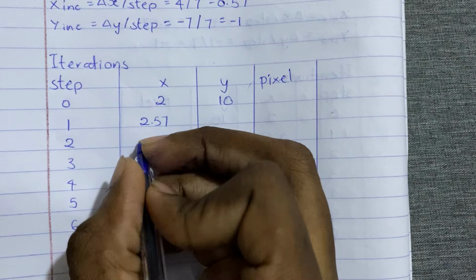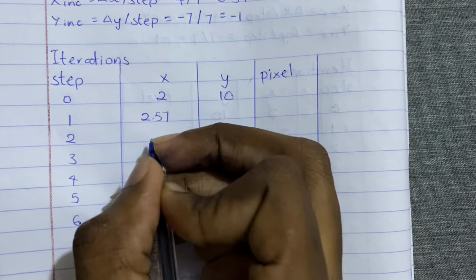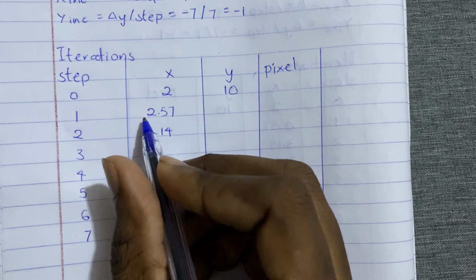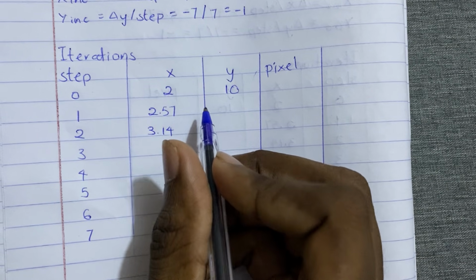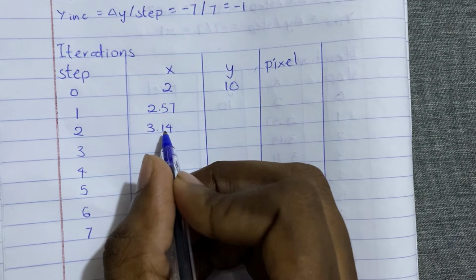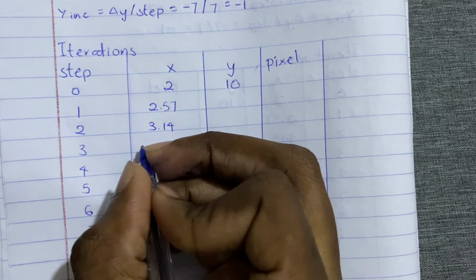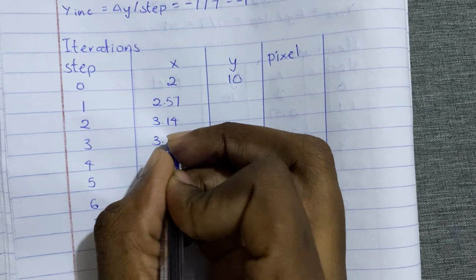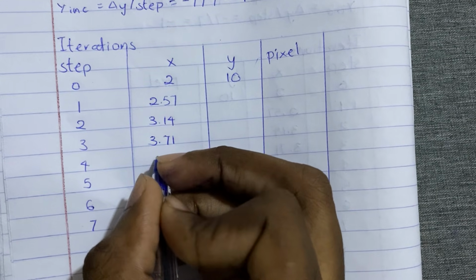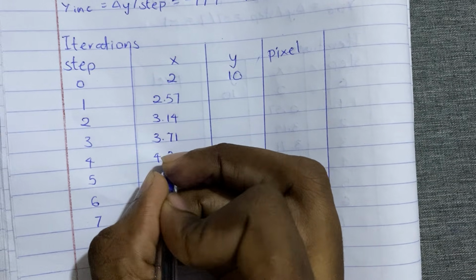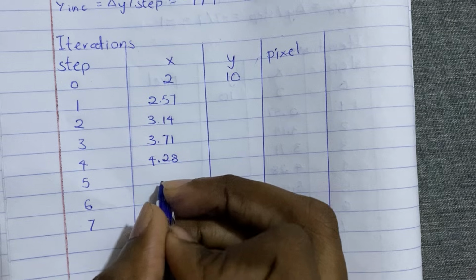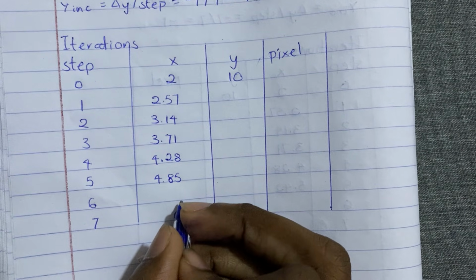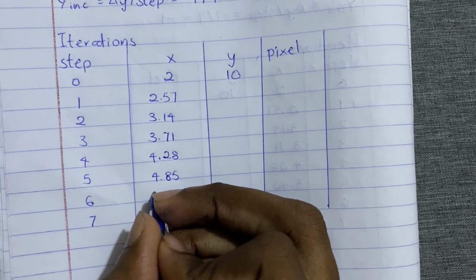We repeat this for the rest. 2.57 plus 0.57 gives us 3.14. The next step, we get 3.71, and the next one, 4.28, and 4.85, and 5.42.